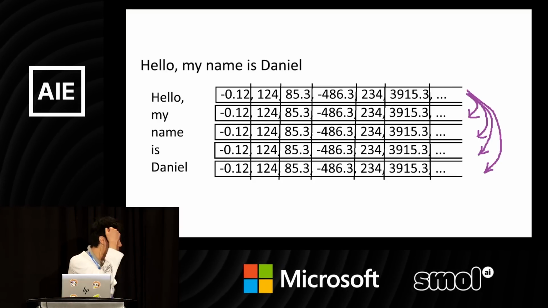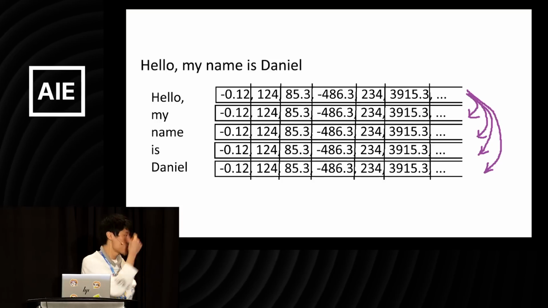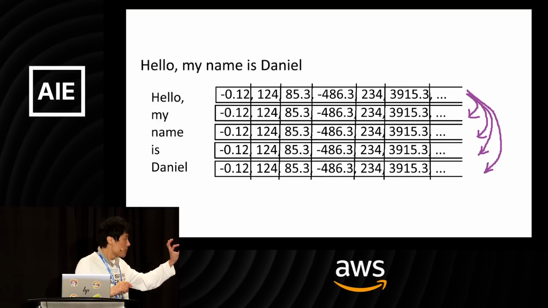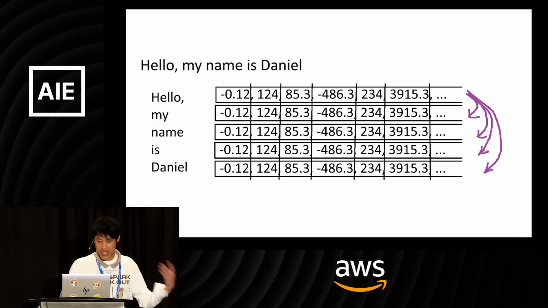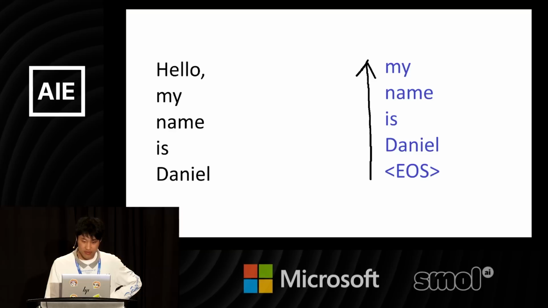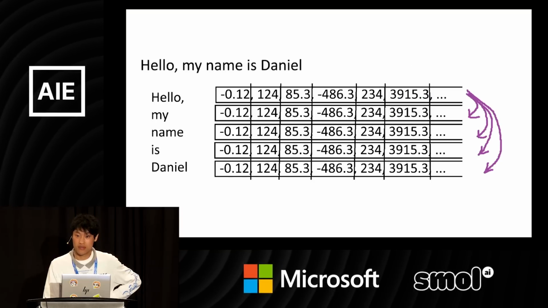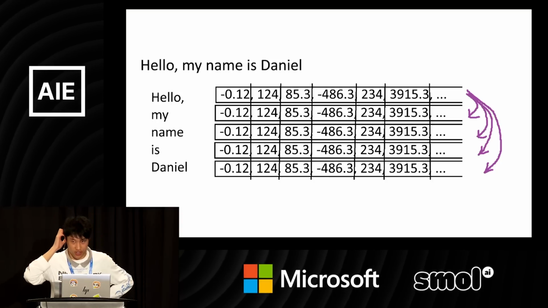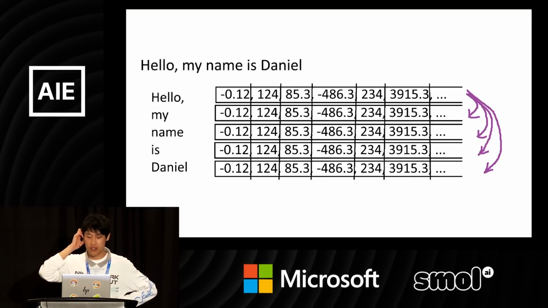Again, remember, given the word hello, you want to predict my name is Daniel. Essentially, given that vector of numbers, can you predict the other vectors of numbers? Just for clarity, the 3 dots mean you can have as many numbers as you like. You have to select an option for how many numbers you want to represent these.